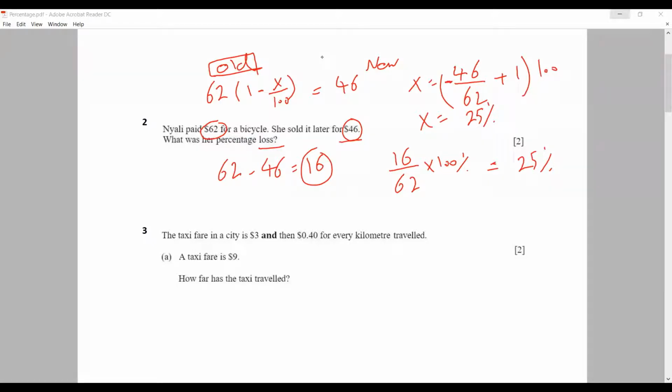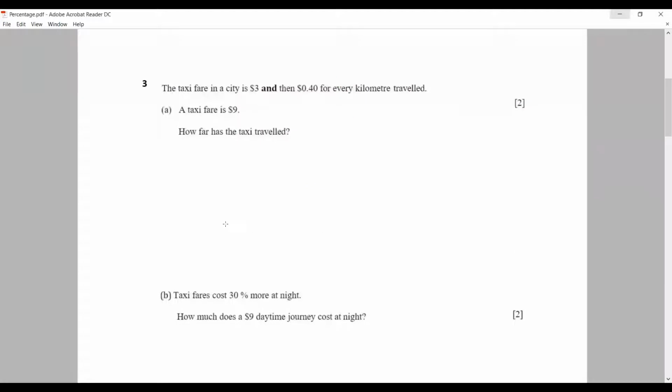Question number 3. The taxi fare in a city is $3 and then 40 cents for every kilometer traveled. A taxi fare is $9. How far has the taxi traveled? We have to deduct $3 from it, because that's how much they're going to charge you regardless of the distance that you want to travel.